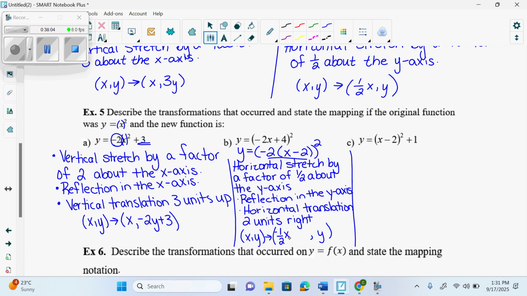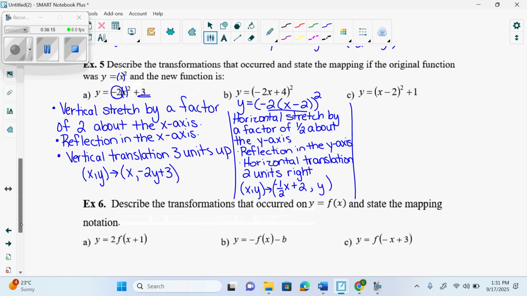And then I need to move 2 right, plus 2. Because there's a -2, there's a reflection in the y-axis. So the negative stays negative. It's the only thing that doesn't go crazy.